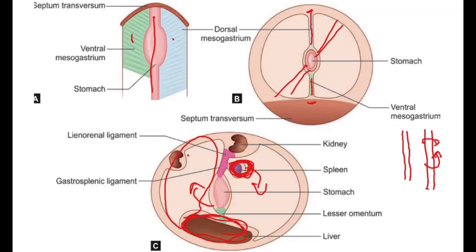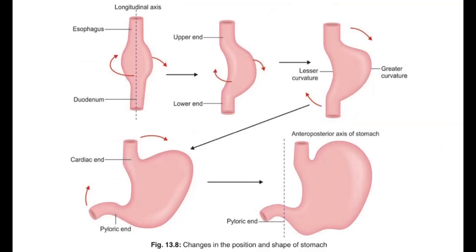The stomach completely rotates on its axis, and the lesser curvature becomes the right side, and the greater curvature comes to the left side. And the spleen also comes to the left side. I'll show you. So this is the longitudinal axis. It is rotating, rotating, rotating.